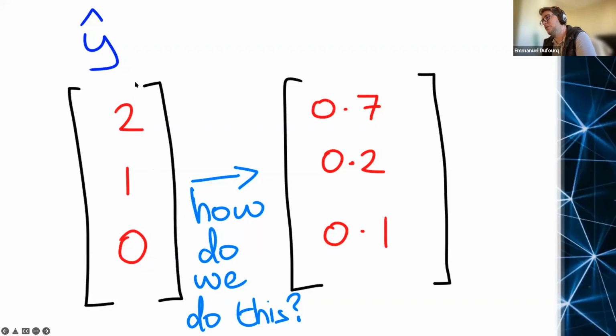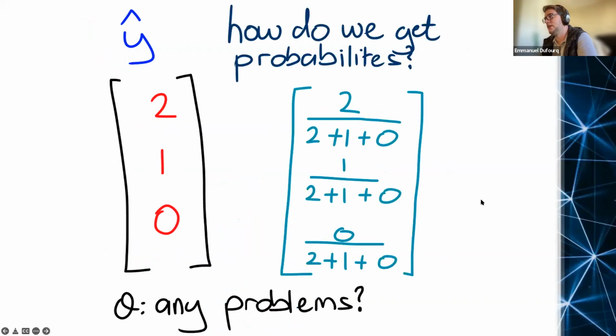So how do we convert these Wx plus B values into some probability? So this is what we would like to do. One thing that we could do is take the value and divide by the sum of the values. So 2 divided by 2 plus 1 plus 0. 1 divided by 2 plus 1 plus 0. 0 divided by 2 plus 1 plus 0.